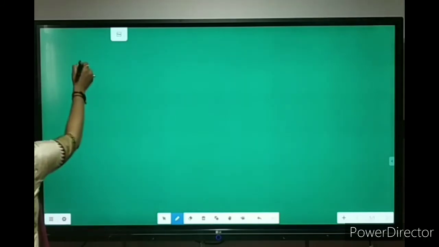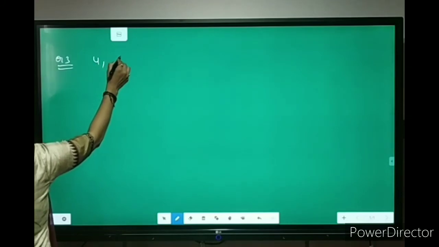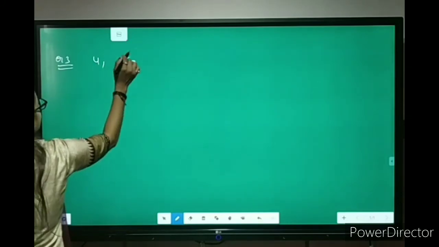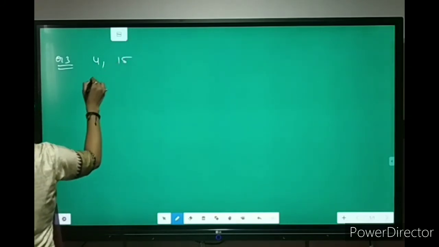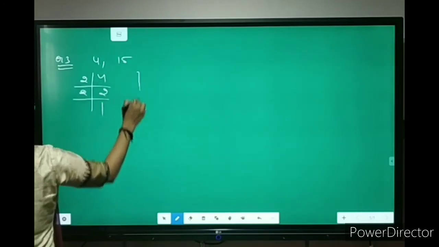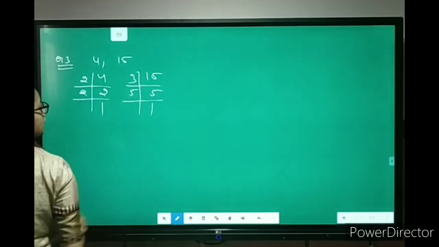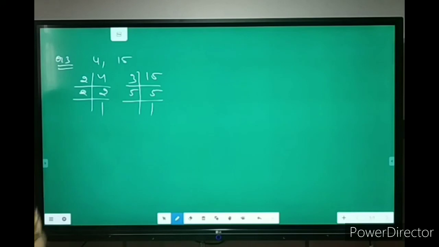We have to say: question number 3 is 4 and 15. Factors of 4 and factors of 15: 3 fives are 15 and 5 ones are 5. There are no common factors of 4 and 15.